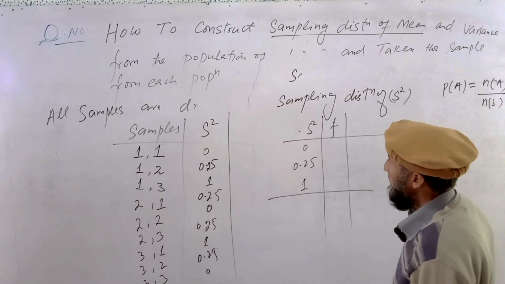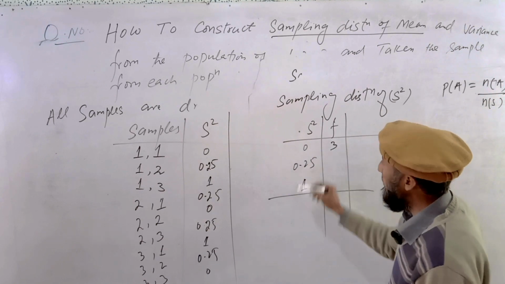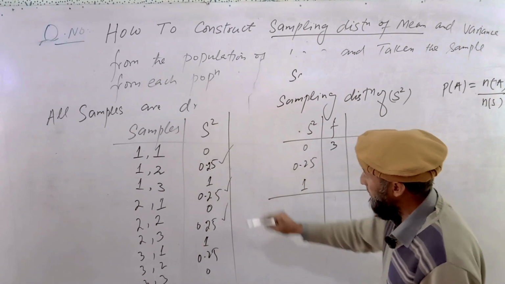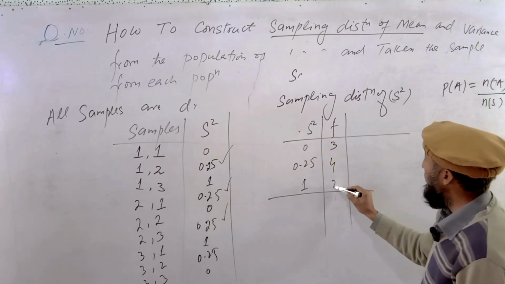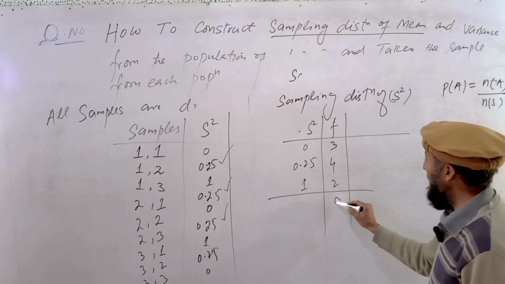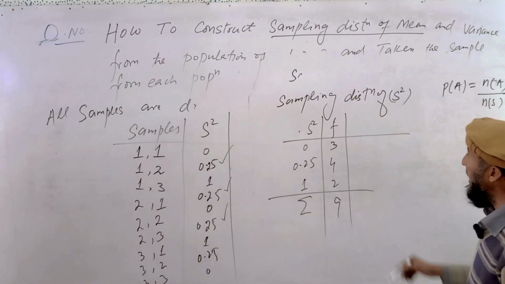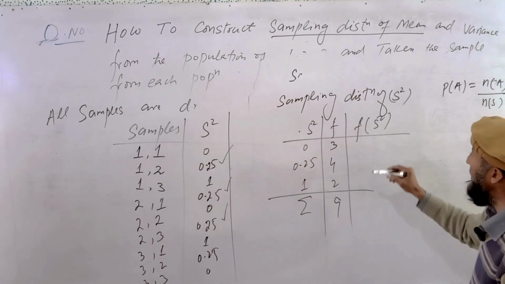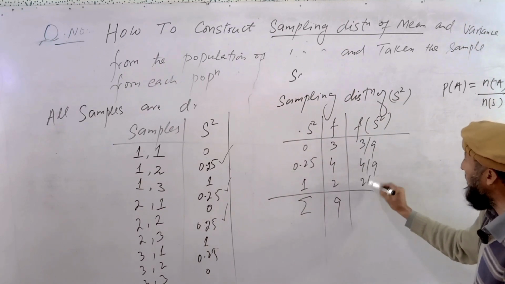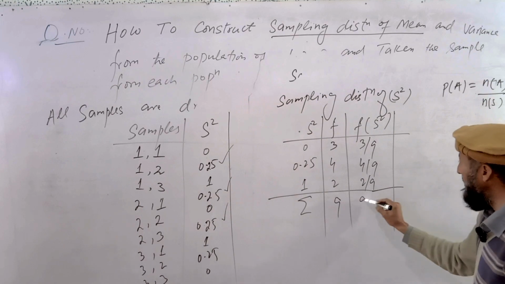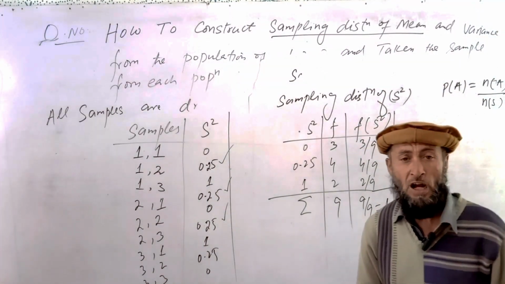Now frequency means the number of times each appears. 0 is repeated 3 times, 0.5 is repeated 4 times, and 2 is repeated 2 times. So the sum of f must be 9. So f of S square, the probability, is 3 divided by 9, 4 divided by 9, and 2 divided by 9. The sum must be equal to 1. That is called the sampling distribution of variance.